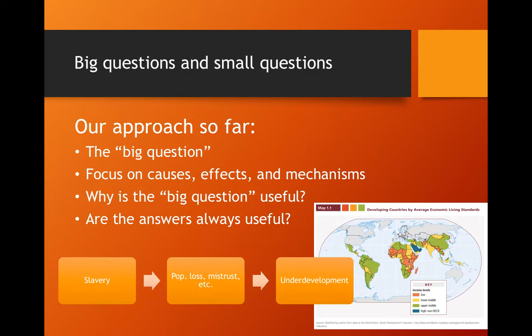Or even if it's something like culture. If we're culturalists and we think culture explains why some countries are richer than others or have developed more quickly than others, culture may be hard to change. It's certainly not impossible to change, but it might be hard to change. So the answers sometimes will be useful, sometimes they won't be very useful.